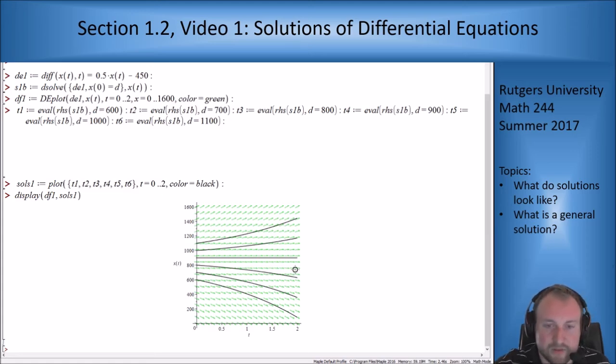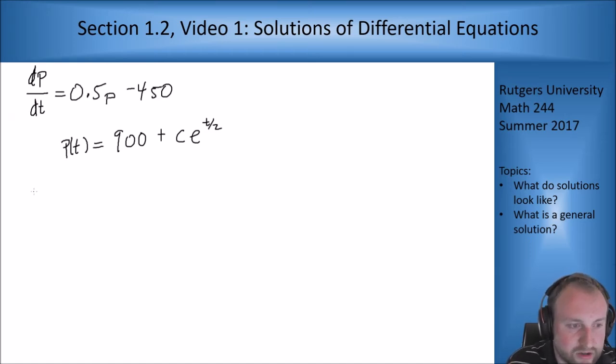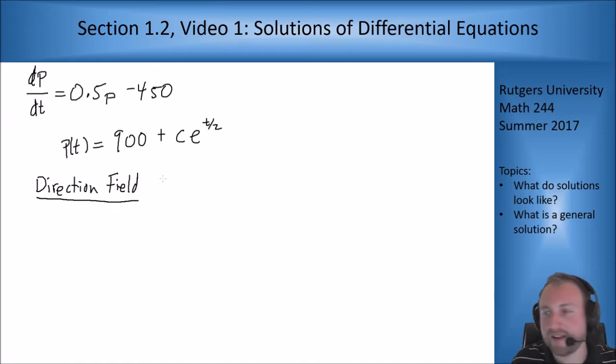I've plotted them all and displayed it all in one graph. So you have a direction field, which are these green arrows that tell you where things are going to go, and these integral curves that depend on your choice of initial condition, your choice of c from the integration constant from before, and they are a way to represent your general solution. So let me go back and write all those terms down for you. We had a direction field, which is basically a plot of dp dt, or dx dt in that case, as a function of x and t, where you draw tiny tangent lines to where the curves are going to go.